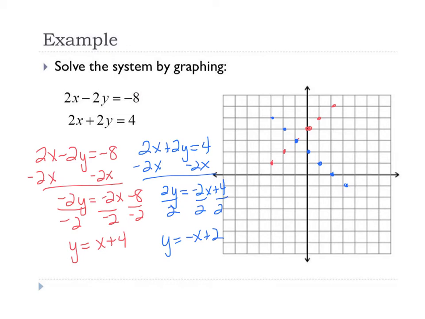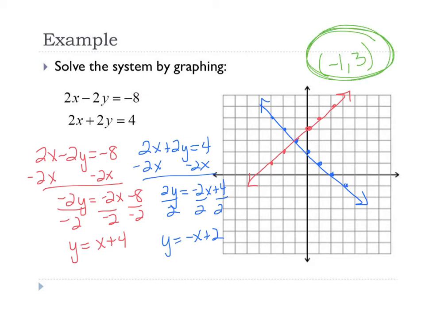All right, two things. First of all, if it says solve by graphing, you have to have the lines graphed. So we need to go ahead and draw the lines in. That's your work. You must have it. Then your solution is the ordered pair where they cross, and they cross at negative 1, 3. That is your solution. You must have that part.